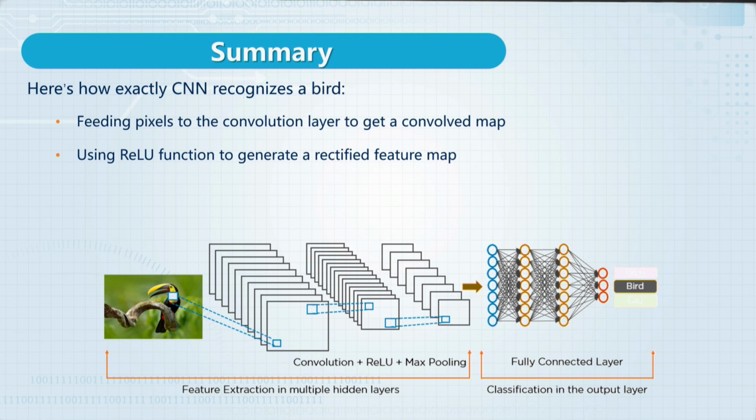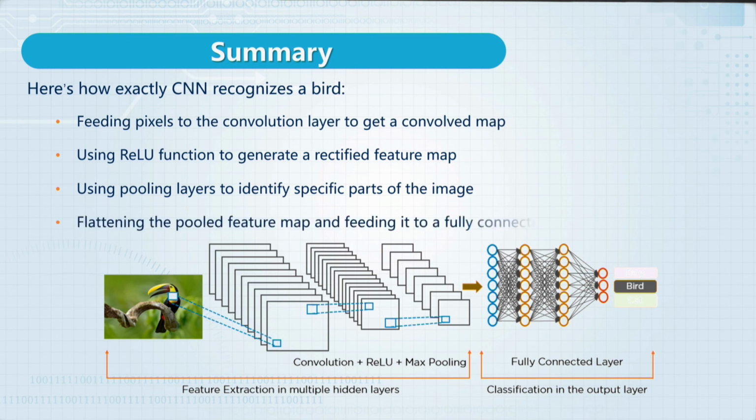The convolved map is applied to a ReLU function to generate a rectified feature map. The image is processed with multiple convolution and ReLU layers for locating the features. Different pooling layers with various filters are used to identify specific parts of the image. The pooled feature map is flattened and fed to a fully connected layer to get the final output.